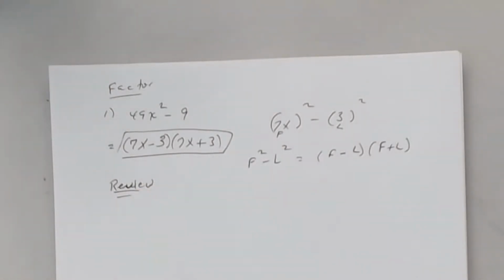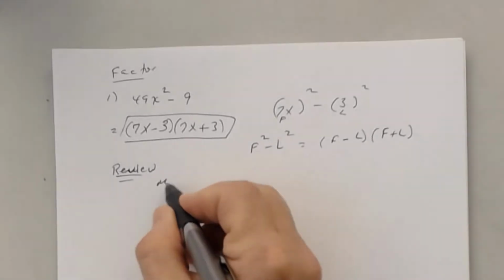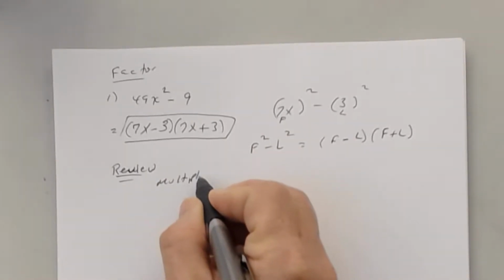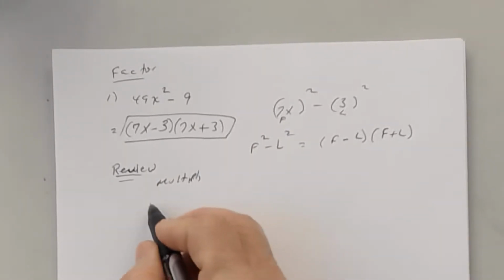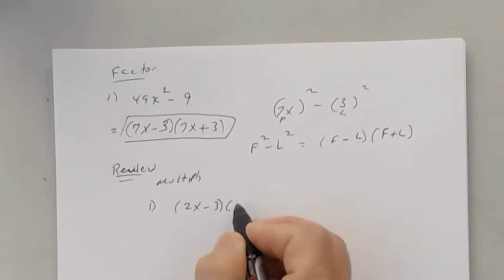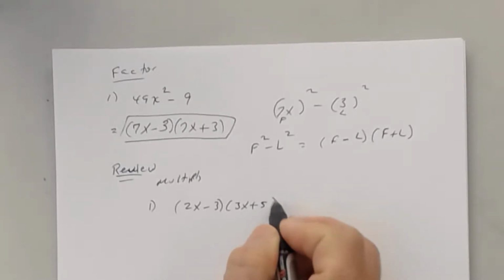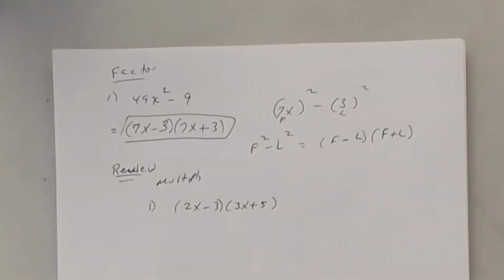All right, now let's review something from a previous course. Suppose you want to multiply, and let's say number 1: 2x minus 3 times 3x plus, let's say, 5. And notice that one of the methods you learned to multiply these two binomials is to use what method?